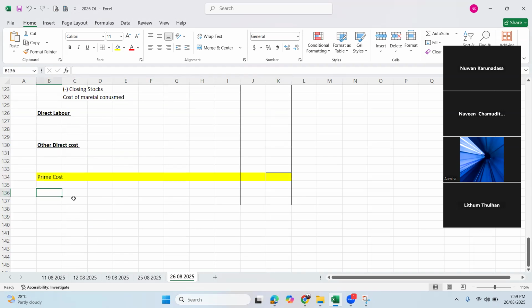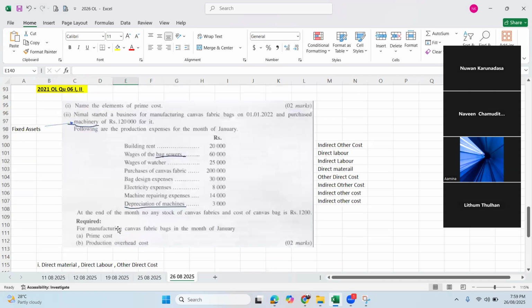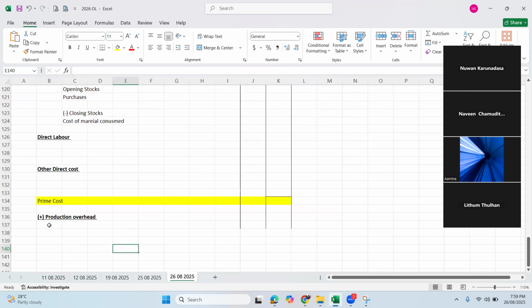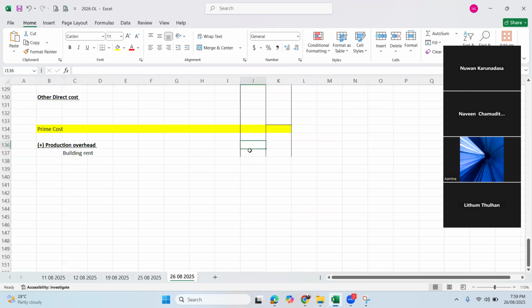Then you add here production overhead. Now you need to write it. Building rent is a production overhead, 20,000.